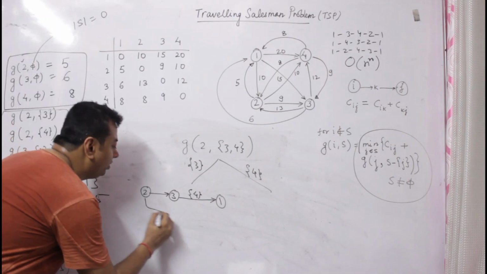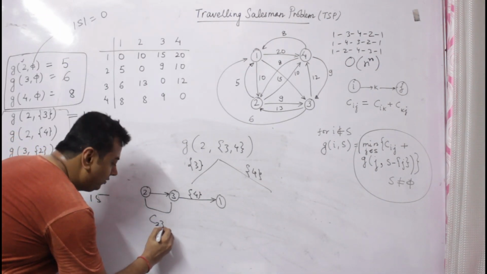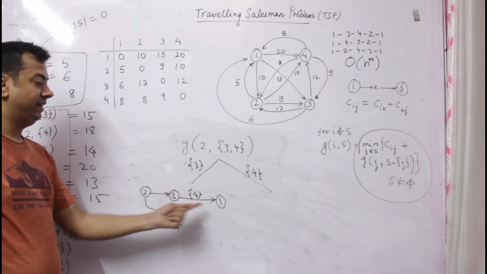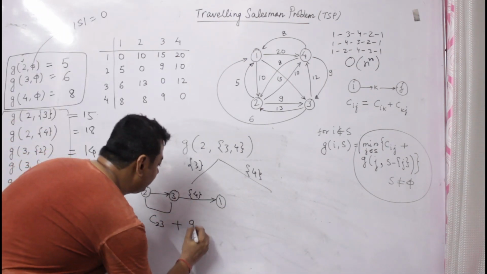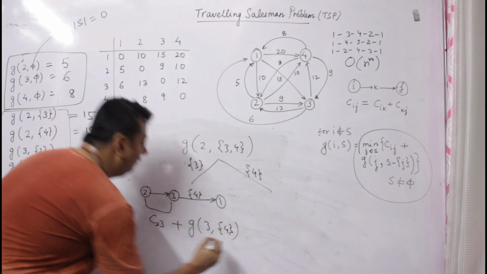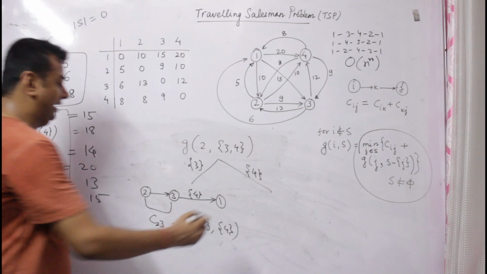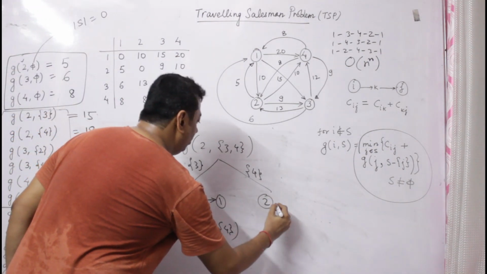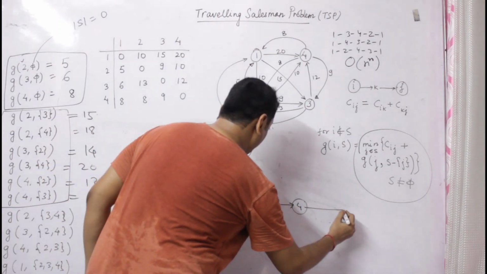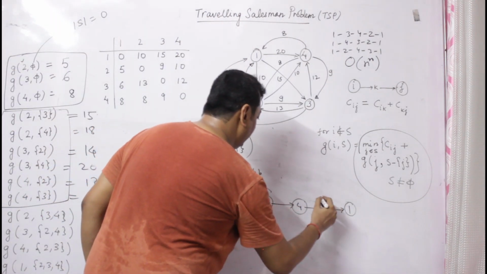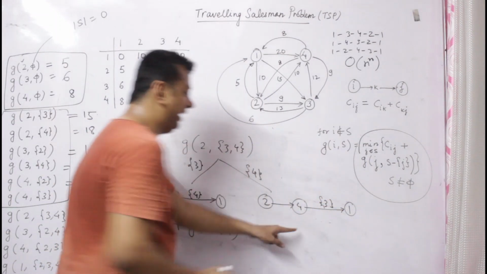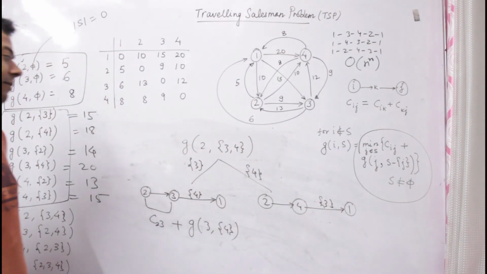This is C23 plus G(3, {4}). The other option is going from 2 to 4 first and then to 1 via the remaining node 3.